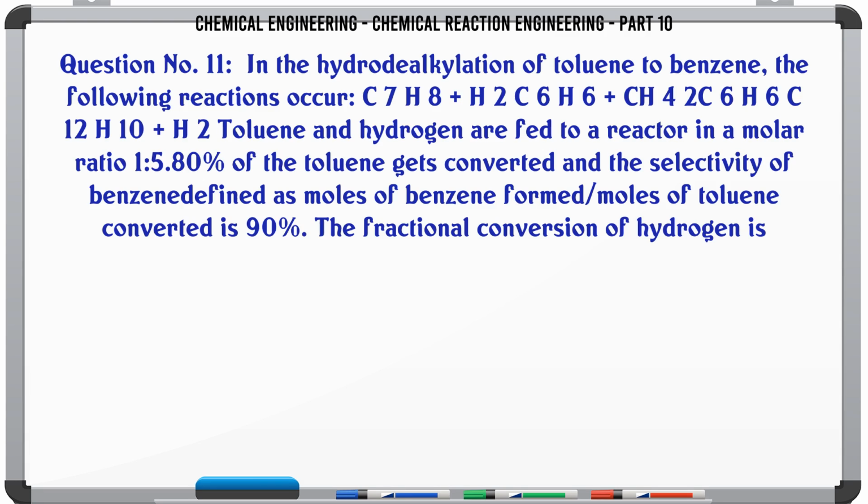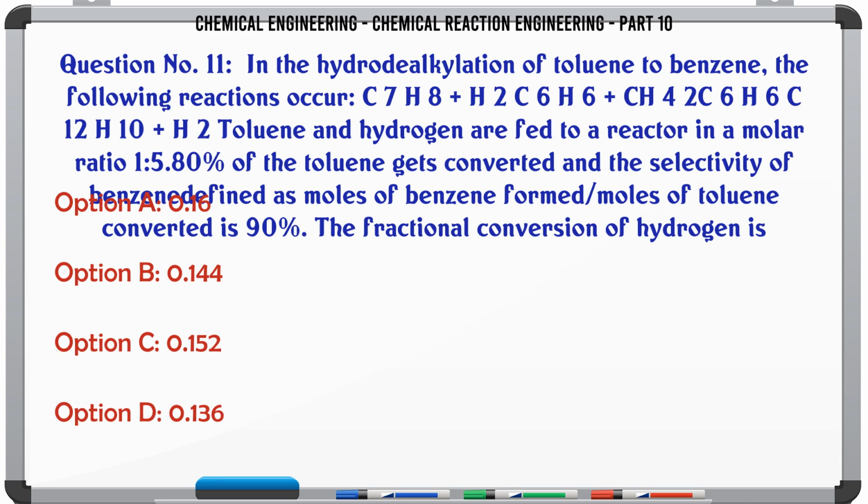In the hydrodealkylation of toluene to benzene, the following reactions occur: C7H8 + H2 → C6H6 + CH4, 2C6H6 → C12H10 + H2. Toluene and hydrogen are fed to a reactor in a molar ratio 1:5. 80% of the toluene gets converted, and the selectivity of benzene, defined as moles of benzene formed per moles of toluene converted, is 90%.